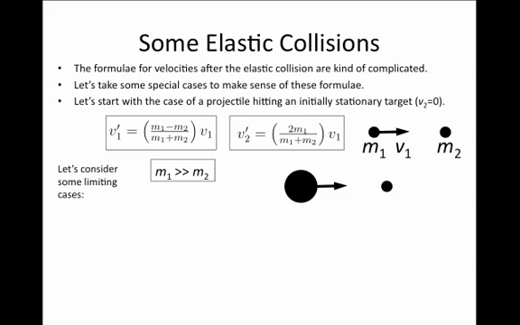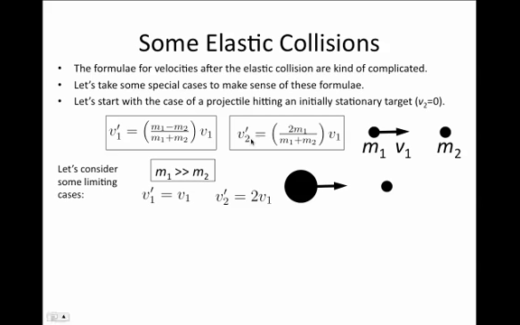If we look at the two expressions here at the top of the page for v1 prime and v2 prime and imagine what happens when m1 is very, very large compared to m2, then we see that for v1 prime, I essentially have a ratio of m1 in the numerator over m1 in the denominator. In other words, I can ignore or set to 0 m2. And since this ratio inside the parenthesis is 1, I have that v1 prime is essentially equal to v1.